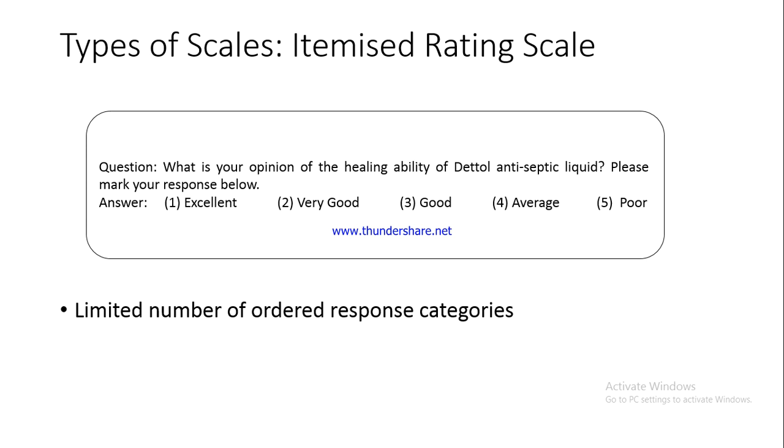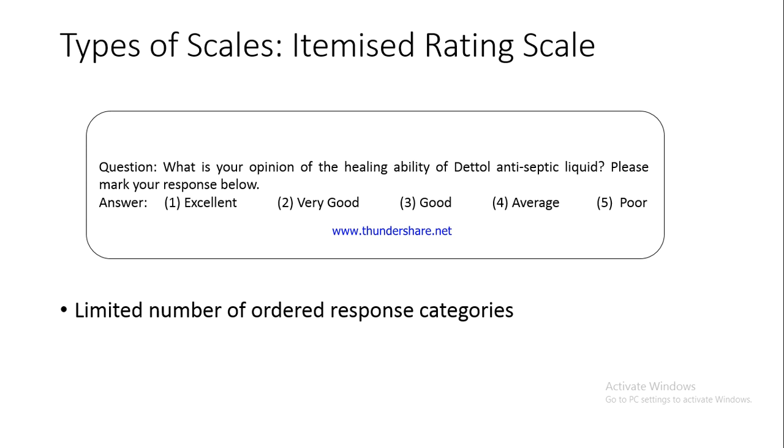Yes, that does mean that the response categories can be in the opposite direction also. For example, the first category can be poor, then average, then 3 would be good, and then we'll have very good and then excellent. So you can adopt either of the two orders, but you have to put all the categories in proper order, which means you can start with excellent, move from excellent to very good and average to poor.